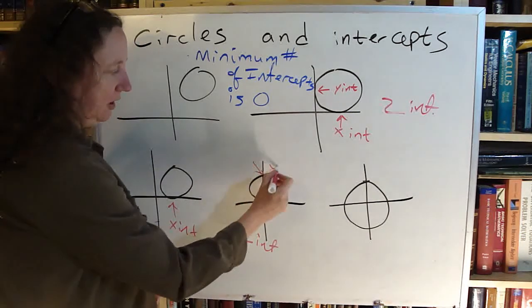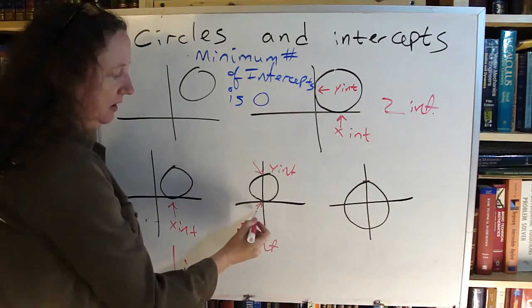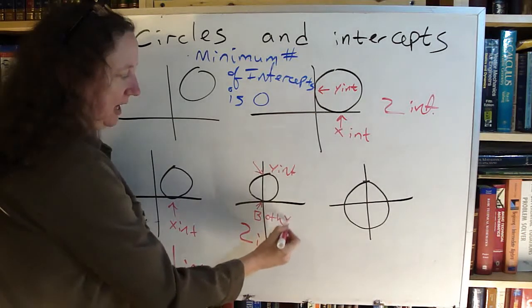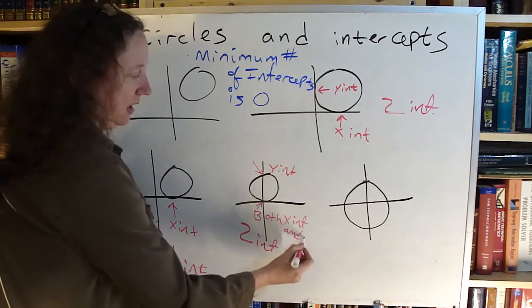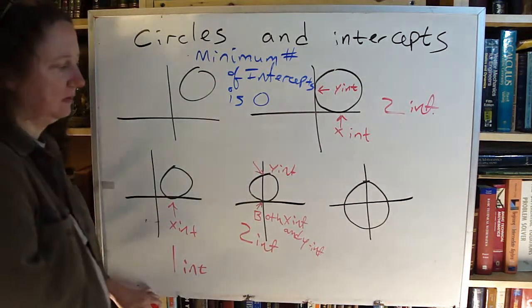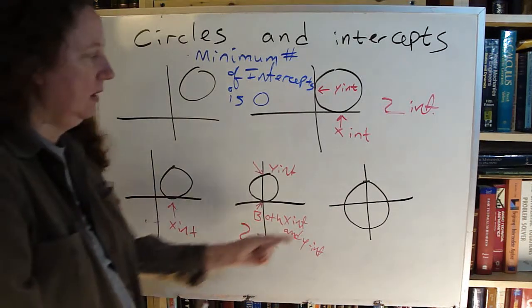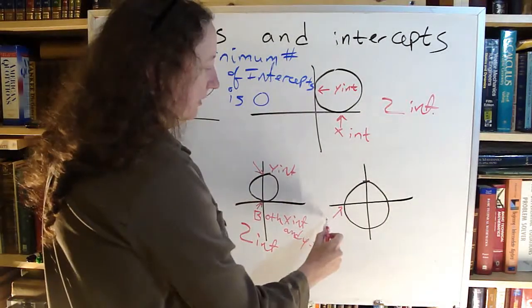The one up here is a y-intercept. The one down here is both an x-intercept and a y-intercept. Looking at this example over here, I have an x-intercept.